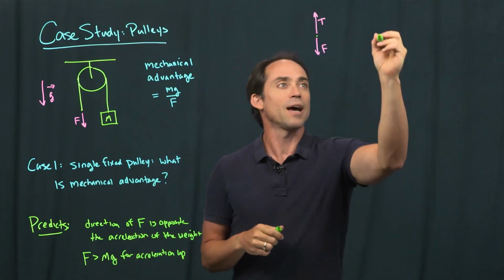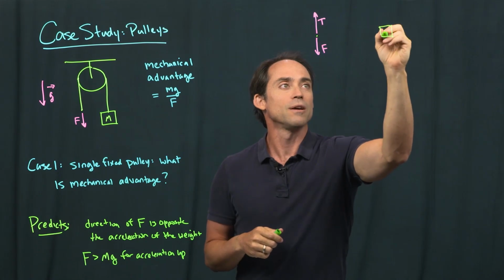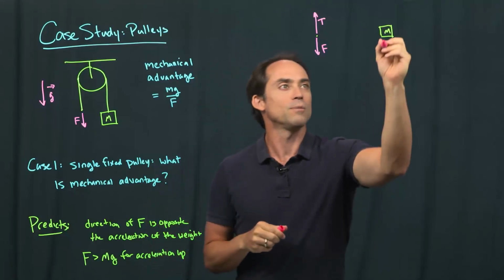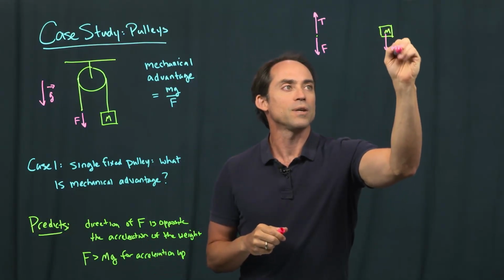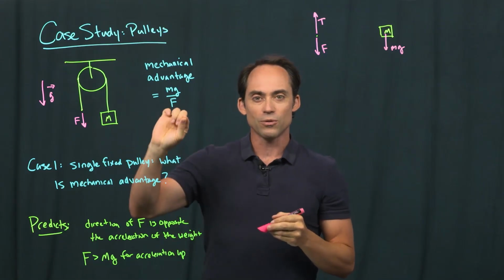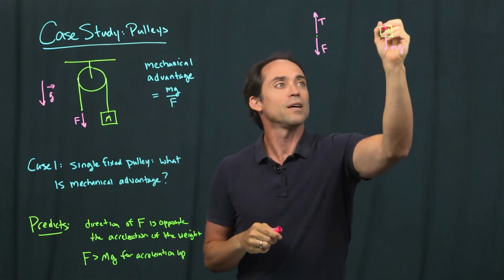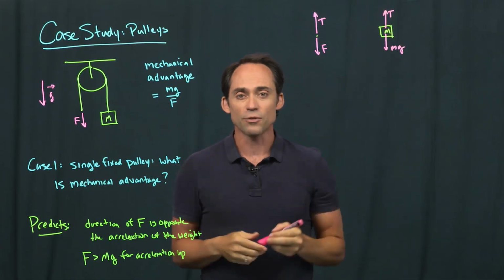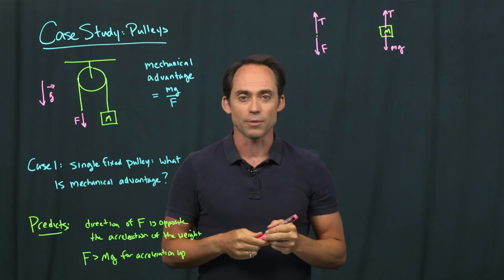Let's look at the other side, where the mass is suspended. This object has a mass, so it has a weight component, m times g. It's connected by the rope, so there's a tension force going upward, and that's all the forces we need to worry about for this problem.